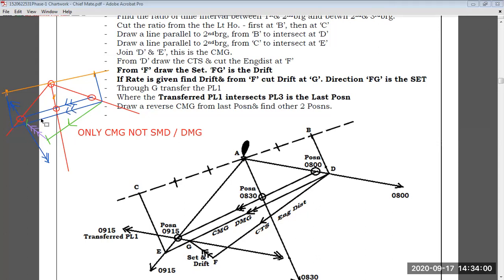Now to get the positions of all the three timings, we transfer the first PL always to the last estimated position time, and wherever it cuts the third PL, from that point we transfer the course made good, and wherever the course made good cuts all the three bearings, that is our position at all the three times.